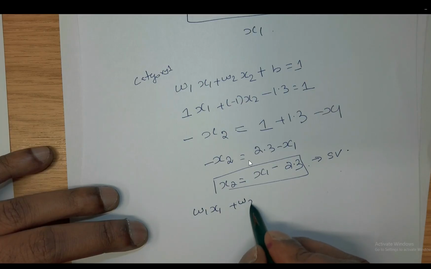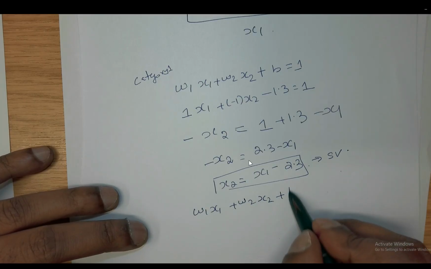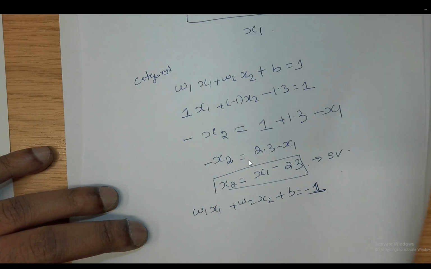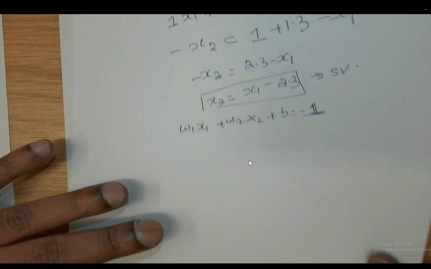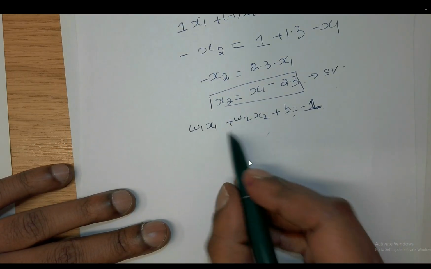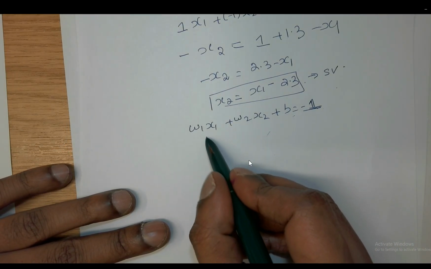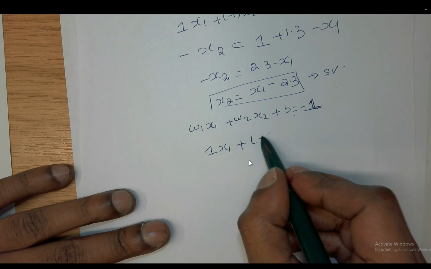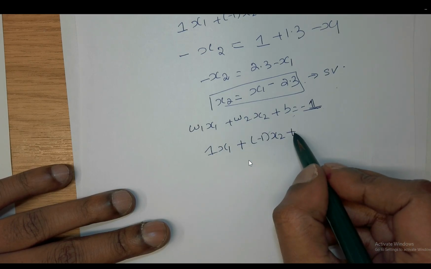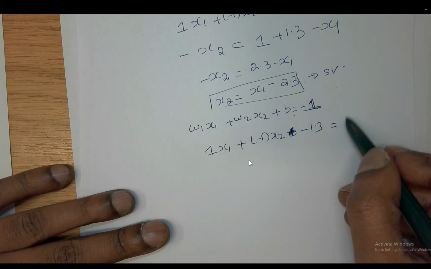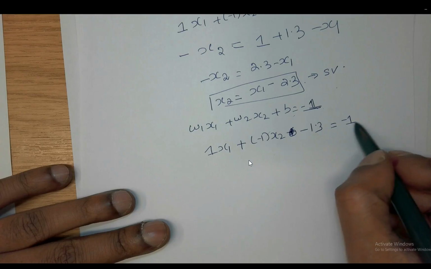So this will be one support vector, and for another category it will be w1 x1 plus w2 x2 plus b equal to minus 1. This is something we are going to prove. Again, substitute 1 multiplied by x1 plus minus 1 multiplied by x2 plus minus 1.3 equal to minus 1.